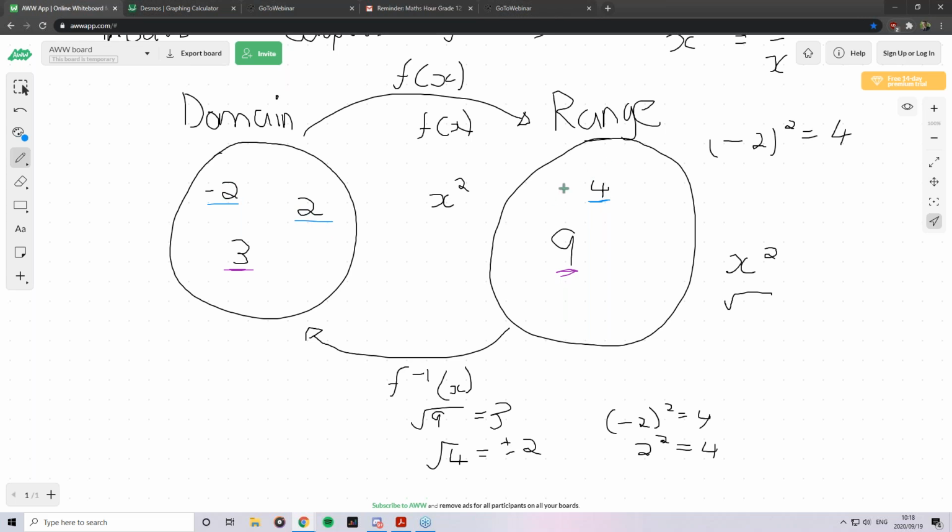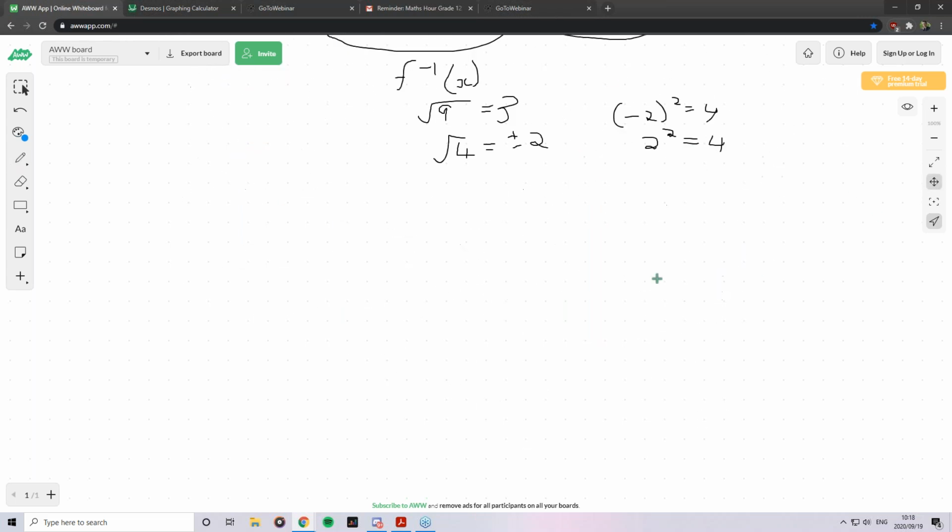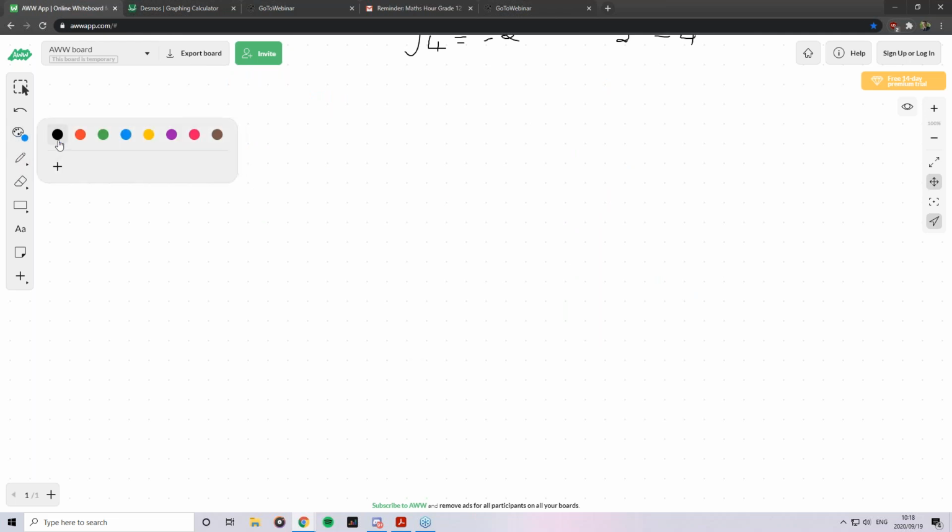Now this is also an important thing that I'll demonstrate later, is that while this may be a function, the inverse may not necessarily be a function because there's one input and it's giving me two outputs. All right, so let's just get on to more application type.